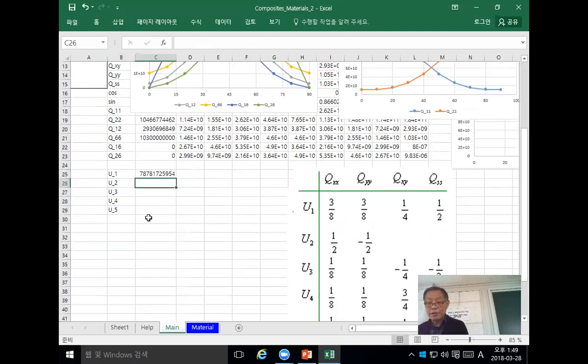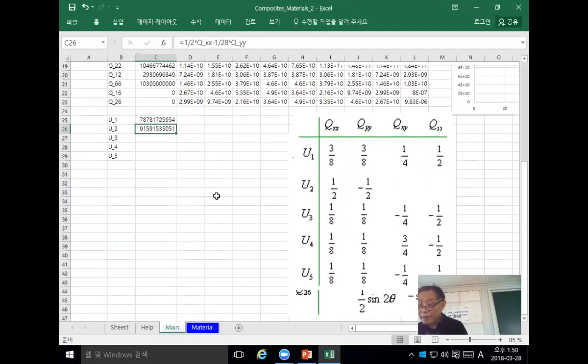Okay, so we use this one, and for U2 we just delete this, and this will be 1/2, and here minus 1/2.